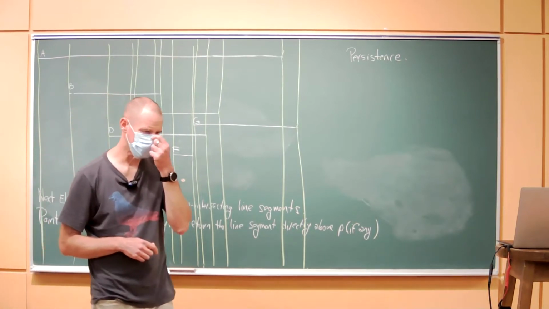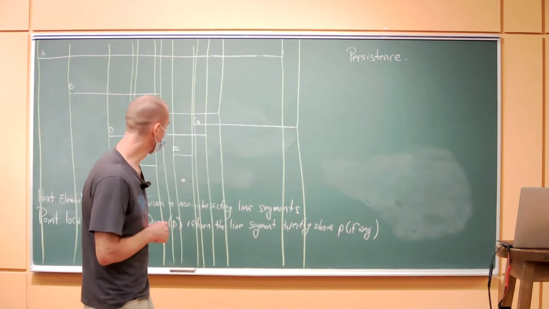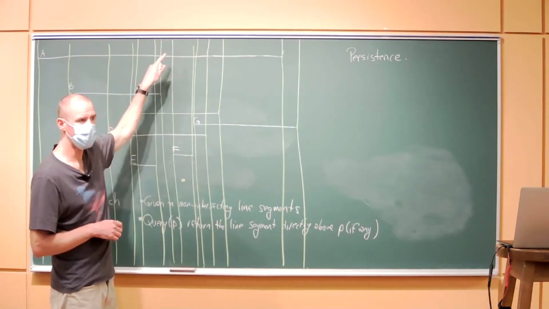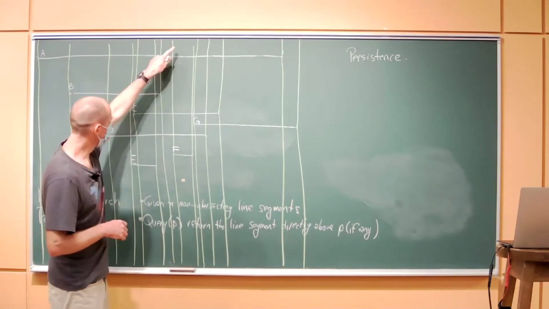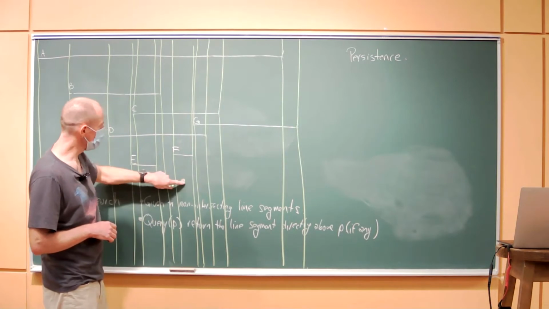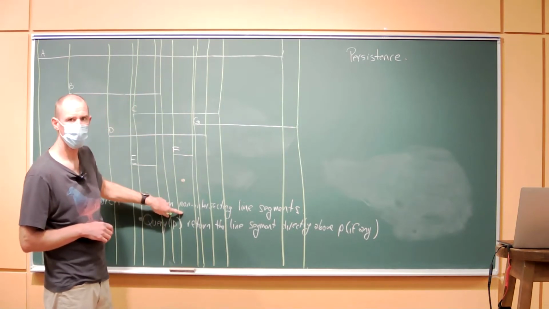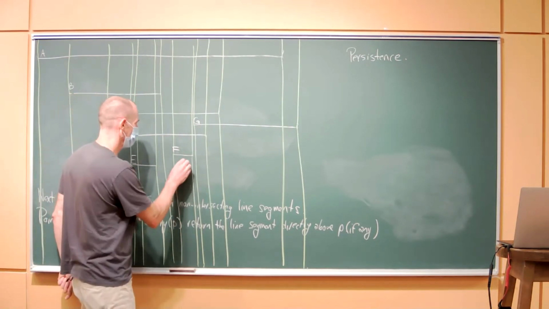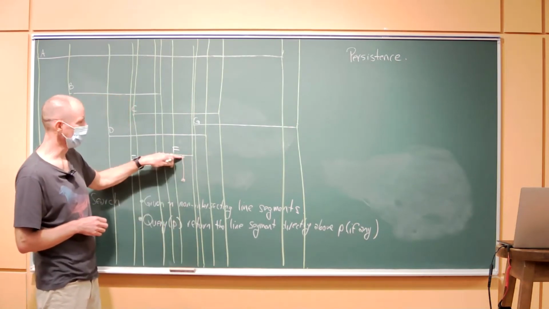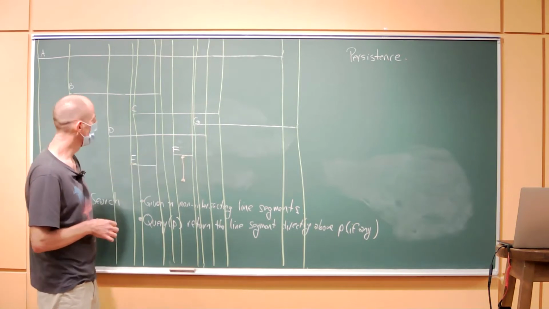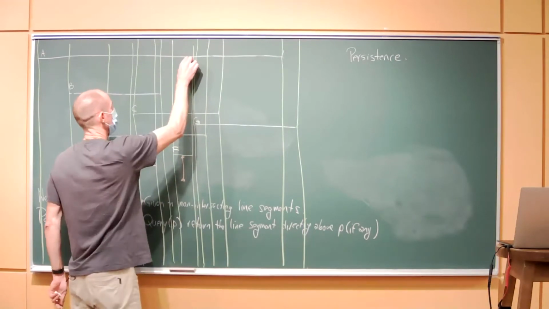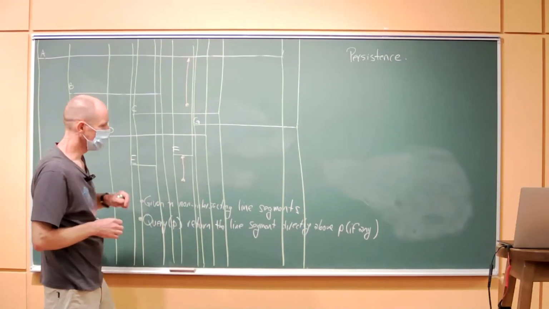You can just think of them as lines, or just as objects in some sorted order from top to bottom. And what I'm trying to figure out when I do one of these queries is where this point fits into that order. So here it comes, let's say, just before this segment F. But if it were here, it would be just before this segment A.